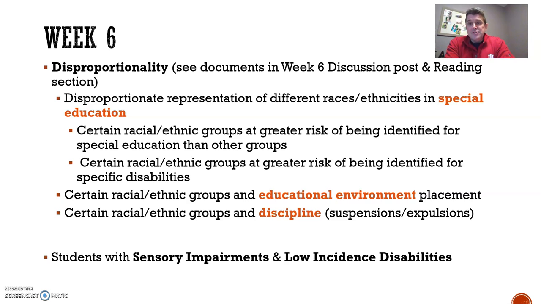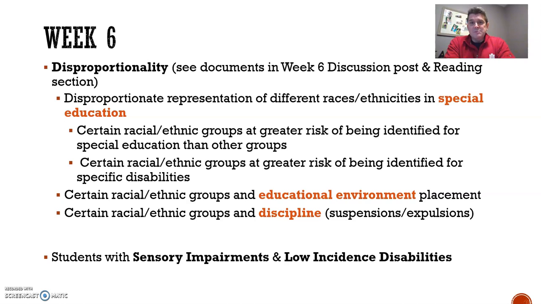You'll read chapters in the book that are about sensory impairments, so blind and low vision, hearing impairments, other low incidence disabilities. You'll read 2 chapters in the textbook about those. So there is a video this week that is focused on some technology supports for those students, but most of the work that I have put in the module is really around the topic of disproportionality, because that's not addressed as significantly in your textbook.